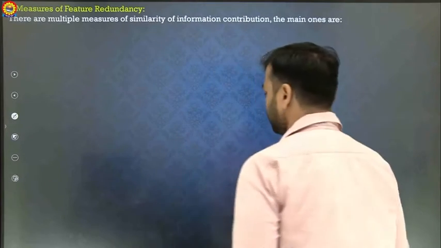When height is increased, weight is also increased. So age and height are both equally generating information, so both are redundant. Those variables are simply known as redundant variables. I hope you understand. Let's read out the theoretical concept.